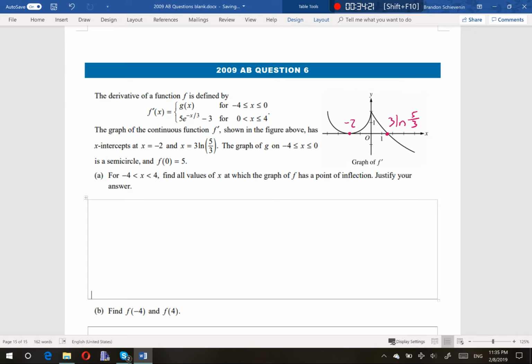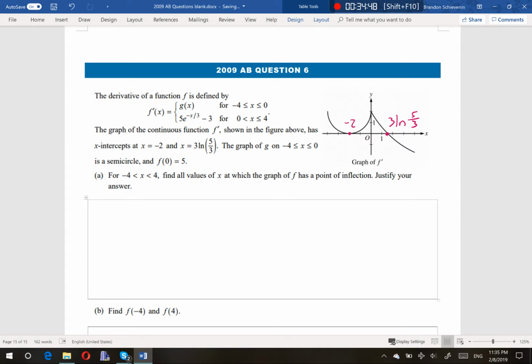Any questions on the information they gave us first? No. Alright, again, the tricky thing is we are not graphing the original function, we're graphing f prime. So first thing, for all values between negative 4 and 4, I want to find all the values of x at which the graph of f has a point of inflection.